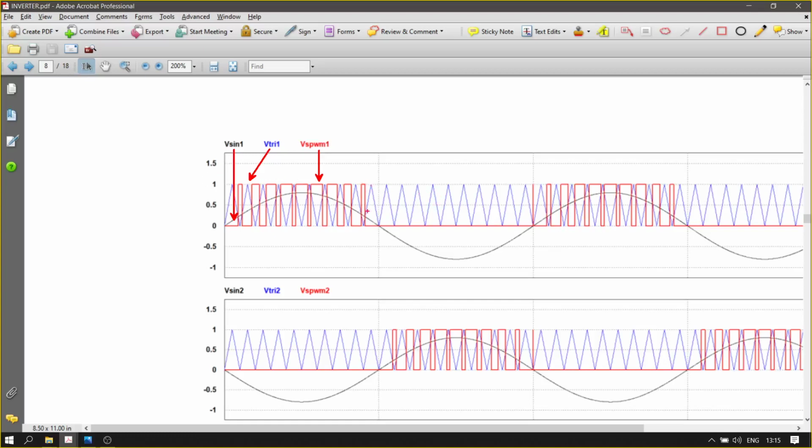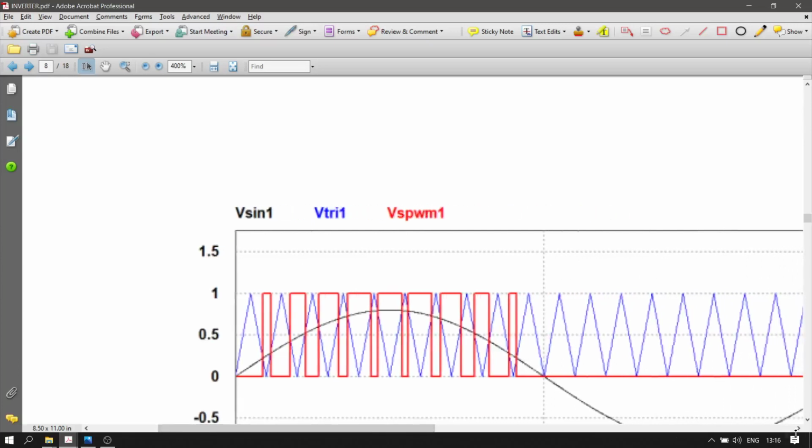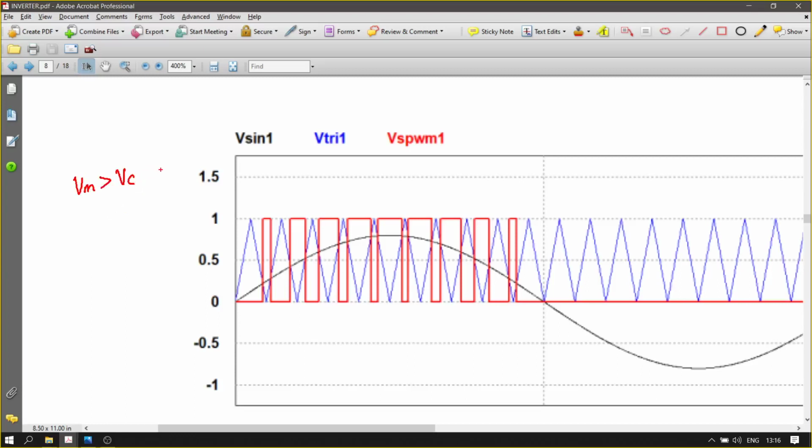Okay, so you compare that, and if I can zoom in further, whenever you see that the modulating signal is greater than the carrier signal, if Vm is greater than Vc, therefore VSPWM equals 1.